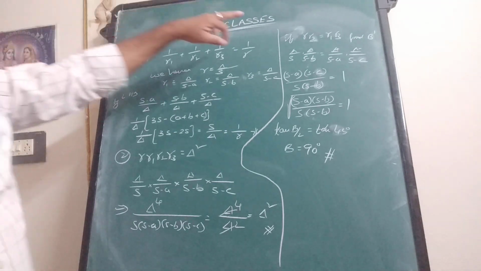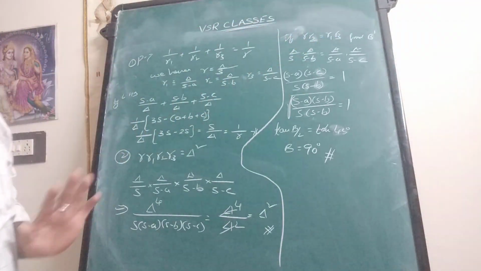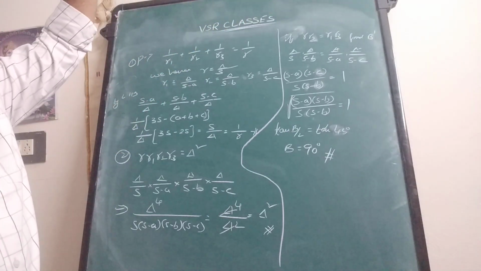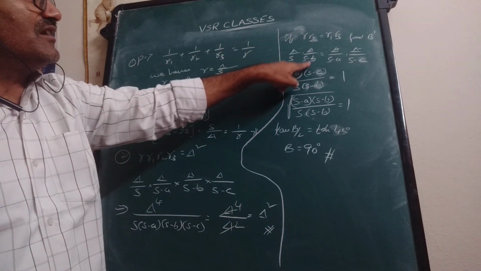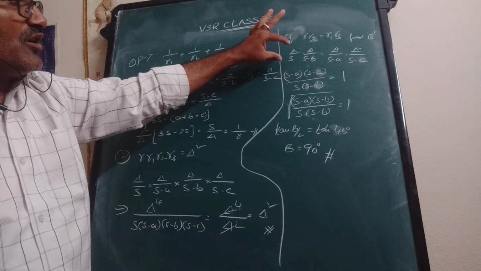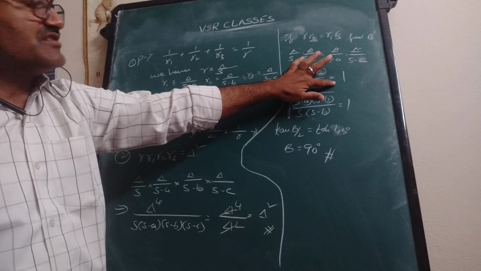Now he has given, if R2 is equal to the square root of R1 R3, find B. And whatever we took here, the same thing we have to substitute. Delta by S minus B, R2 is there. Delta by S minus A, delta by S minus C. Now, by cross multiplication, S minus A, S minus C by S into S minus B is equal to 1. That side value is 1.